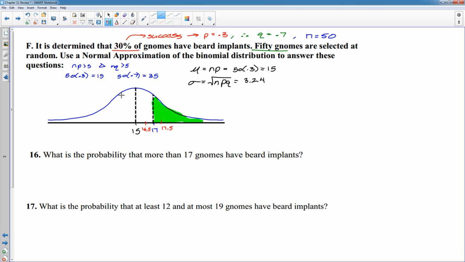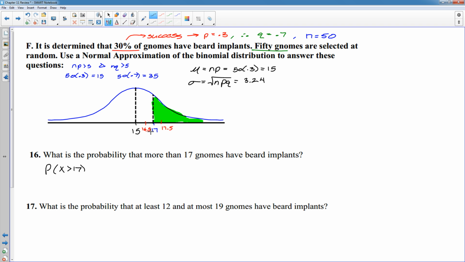And the way you decide which one you're going to use is by deciding whether or not we want to include 17 with the percentage. Now we're wanting the probability that the number of gnomes is greater than 17. When it says more than 17, it doesn't say more than or equal to 17. It just says more than 17. So when I find the area to the right, I do not want to include the 17.